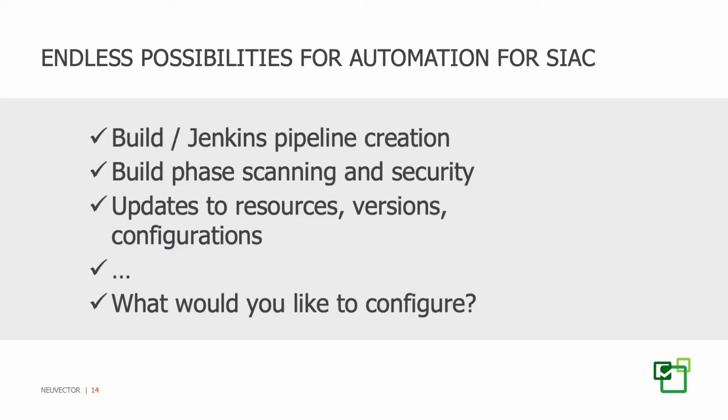You can update your resources, whether it's your Kubernetes resources or your GKE or Azure resources, or whether it's NeuVector, whether you want to update a NeuVector version or any configurations can be handled through your infrastructure as code deployments.